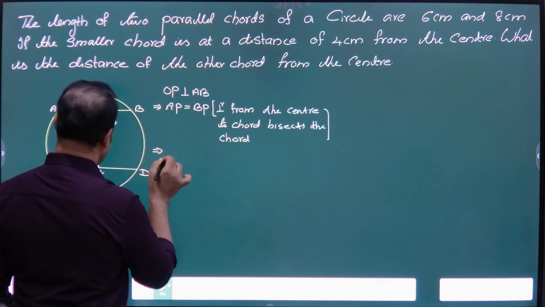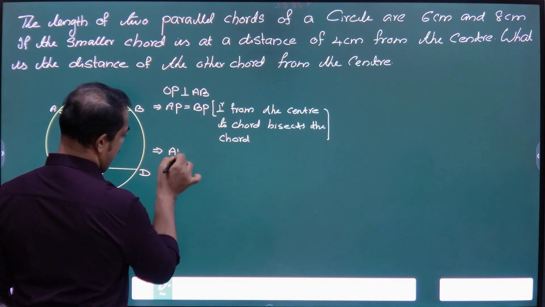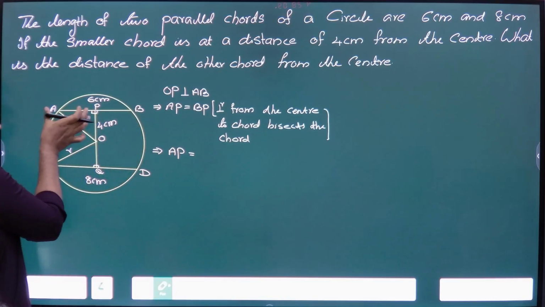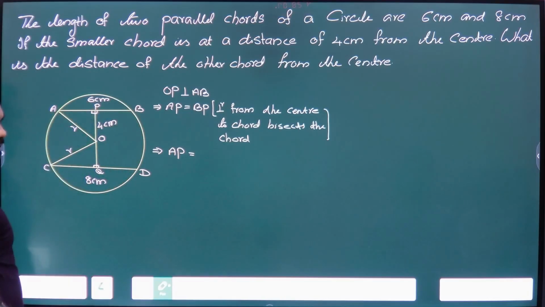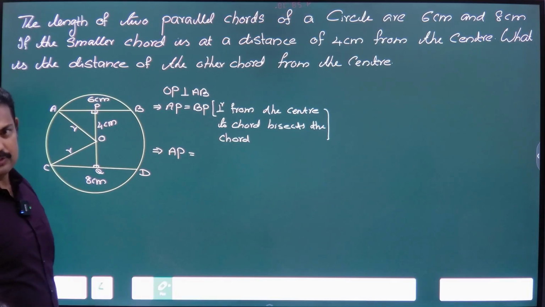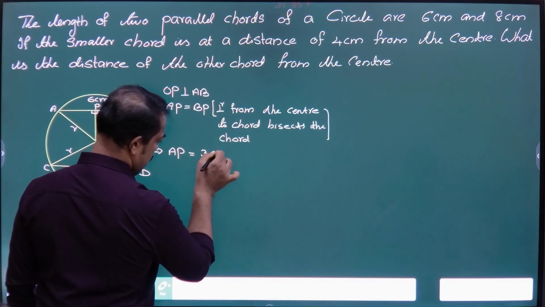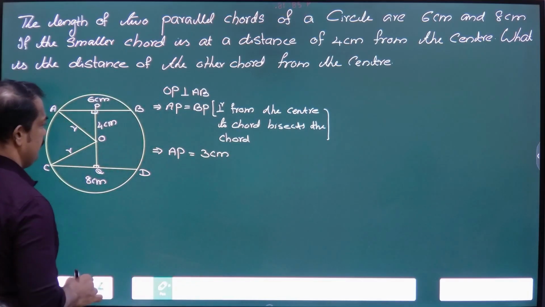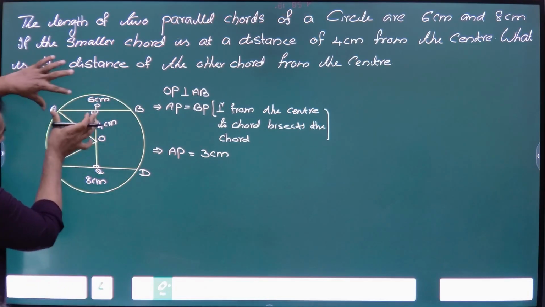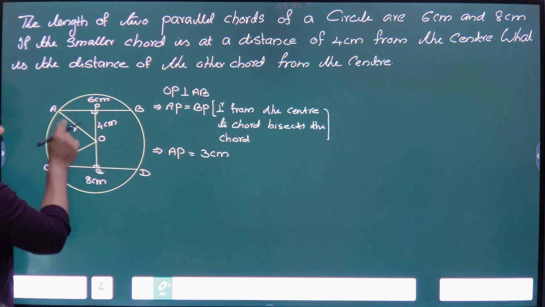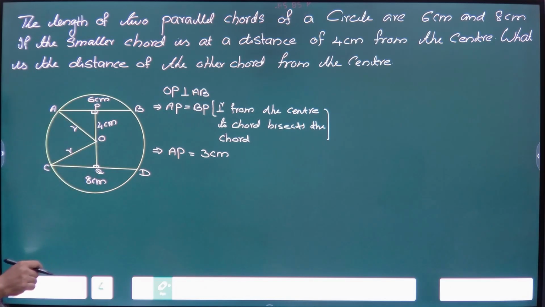Implies, what is the value of AP here? AB equal to 6 centimeter and AP equal to BP. What is AP? Half of AB, that is equal to 3 centimeter. AP 3 centimeter, OP 4 centimeter. We can find OA by using Pythagoras theorem.